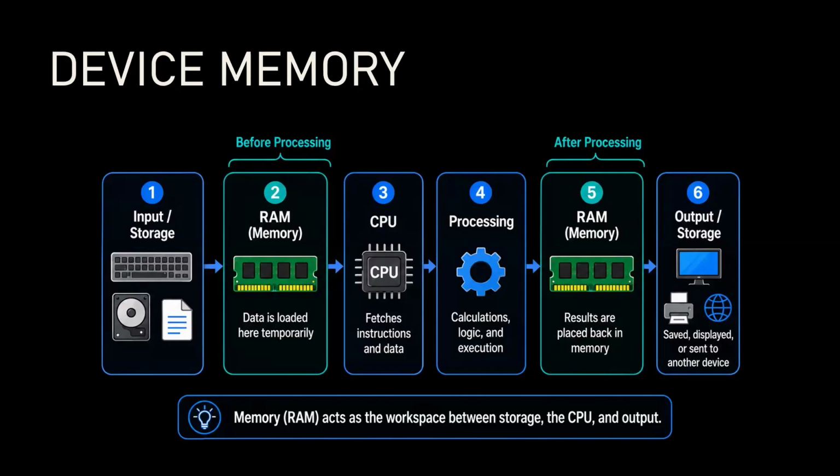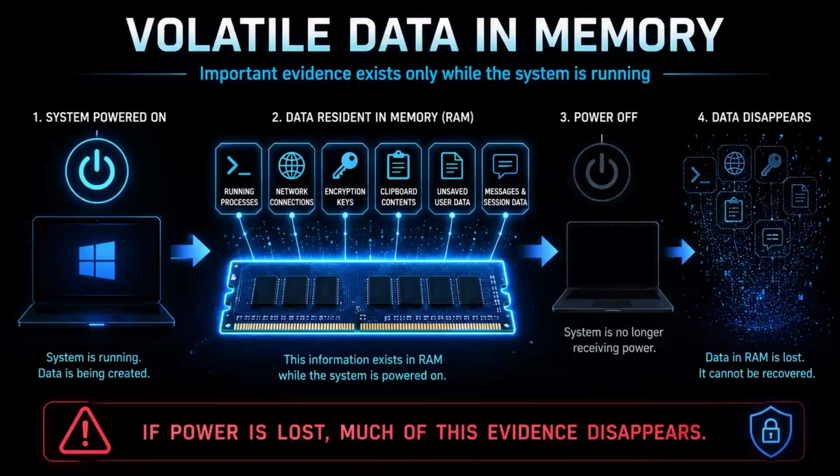So even if you have encrypted content within a system, there are points during the process that the data is unencrypted, and that is essentially held in the memory of the device. Memory is considered volatile. And so when we say volatile, it is subject to being overwritten or being lost.